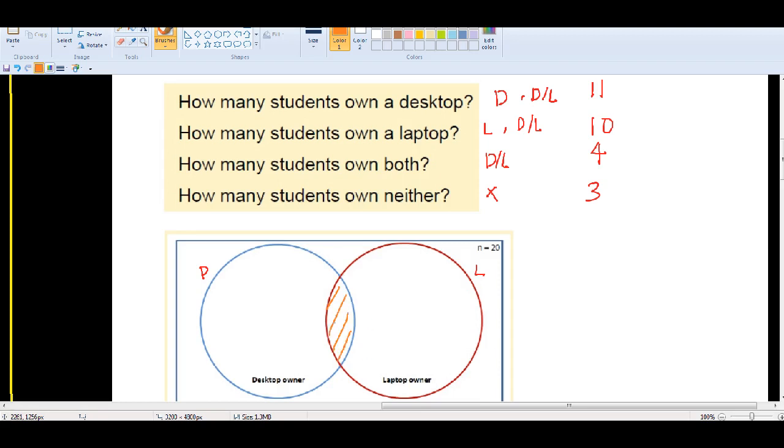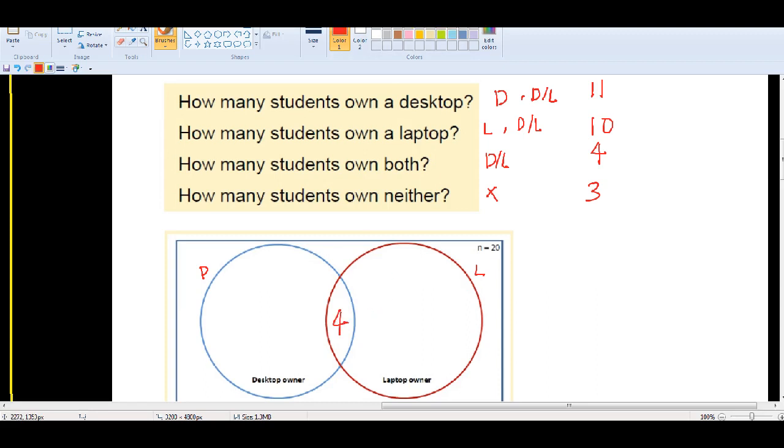This part represents the number of students who own both desktop and laptop. So there are 4 of them. Just put 4 here.